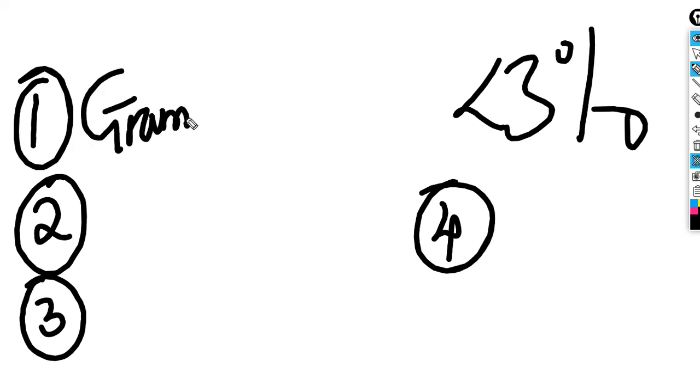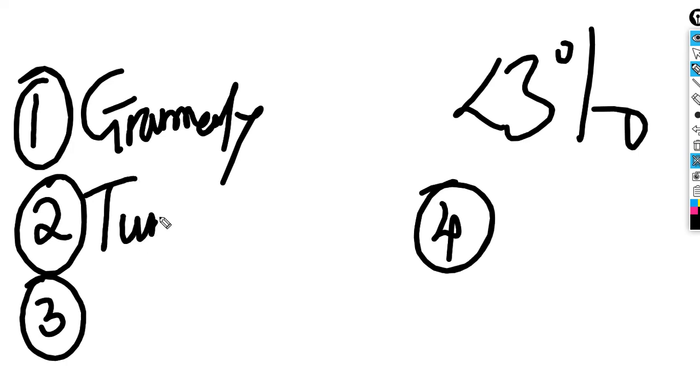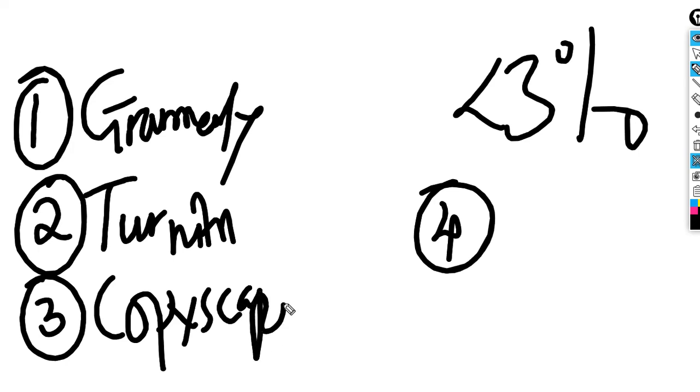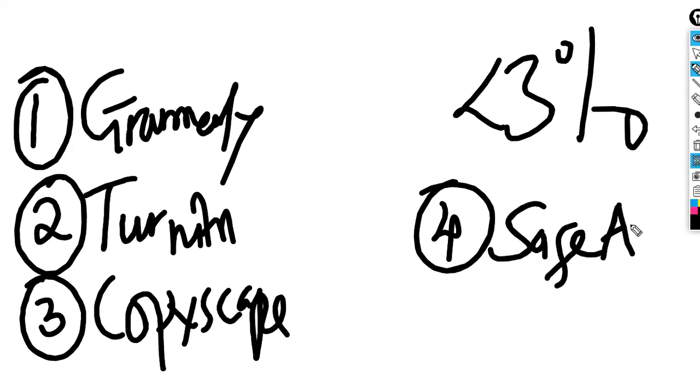Grammarly can check plagiarism, but it's not as accurate as a more vigorous one, which is Turnitin, and an even more vigorous one, which is Copyscape. Then we have another one that is used especially during submission, which is known as SaferSign plagiarism checker. The account that we're using usually uses all four of these.